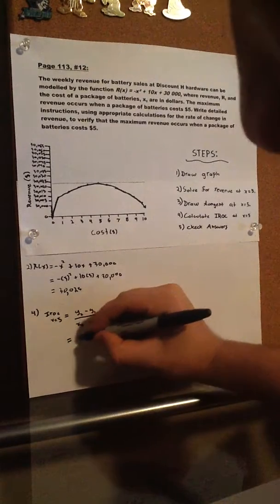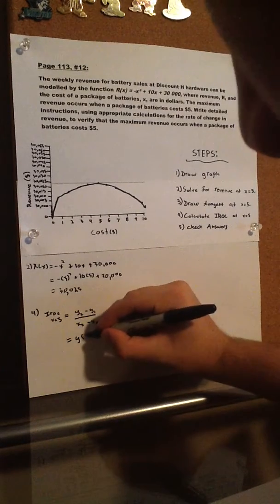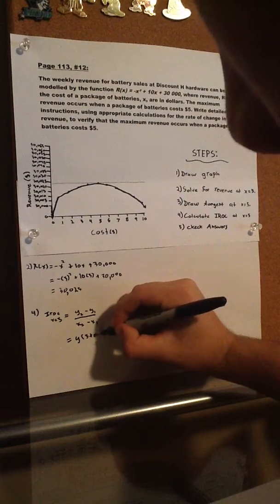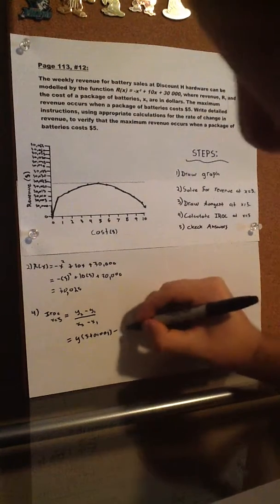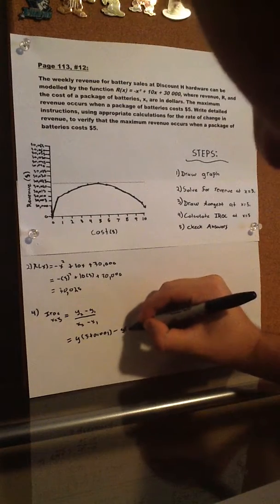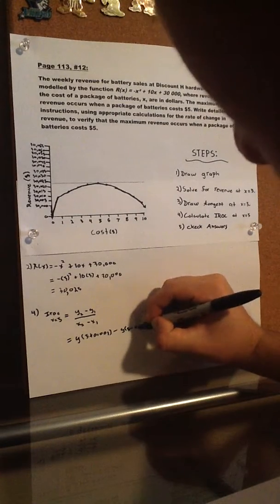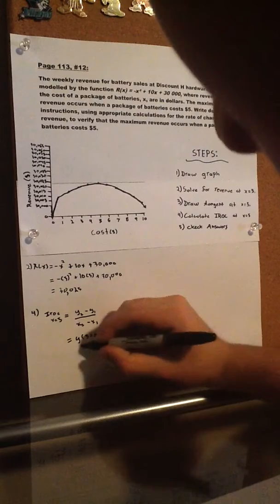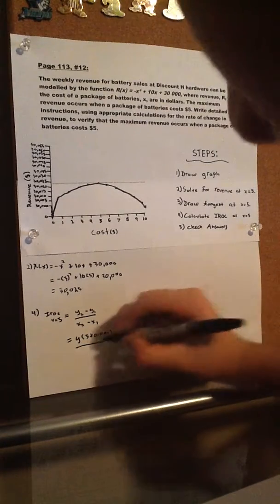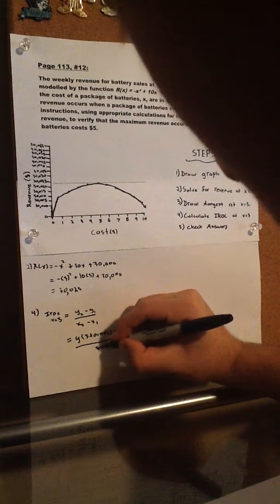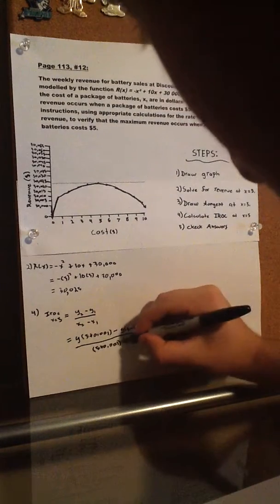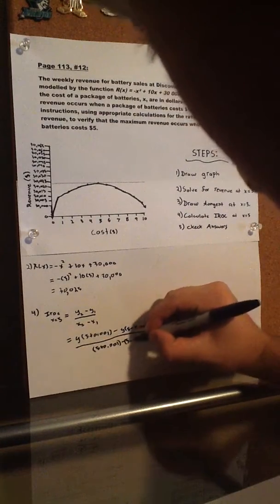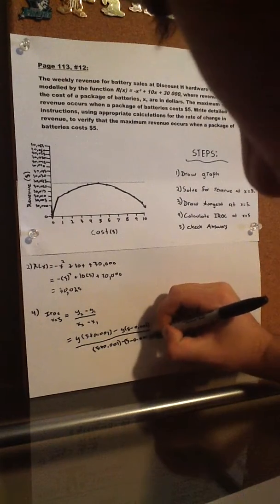So the new equation reads y of 5 plus 0.001, minus y of 5 minus 0.001, all over 5 plus 0.001 minus 5 minus 0.001.